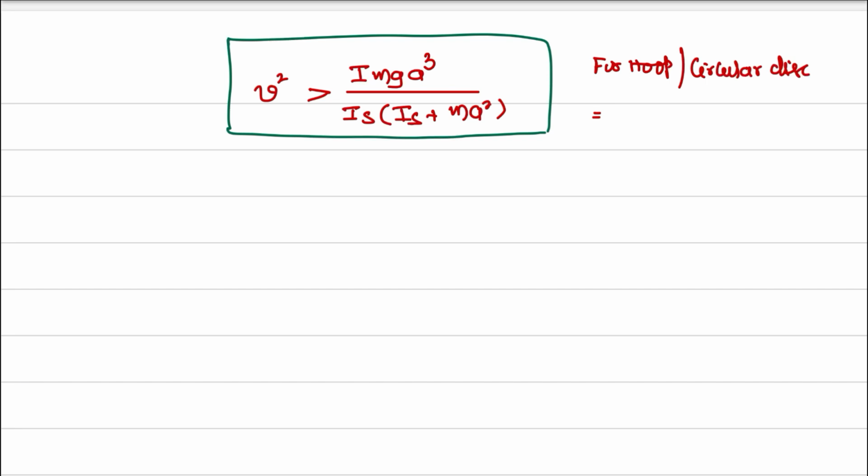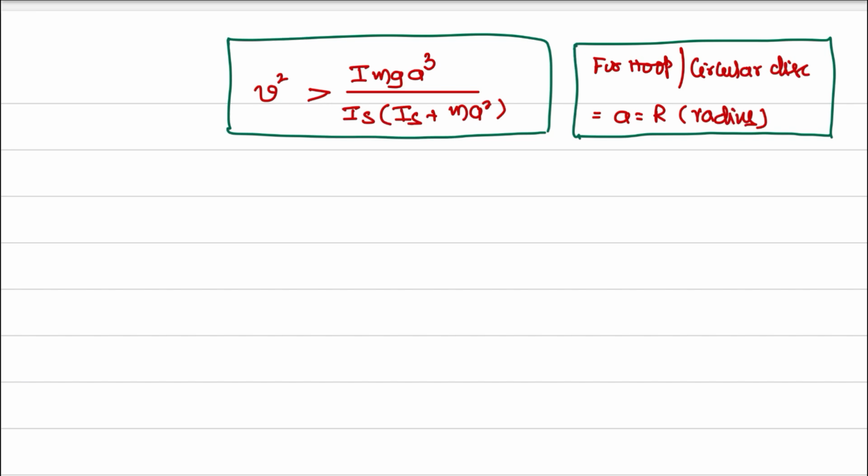For a hoop or a circular disc, A is equal to R, that is radius, because of the symmetry. Because we are considering this shape, we are taking A is equal to R. If some other shape is taken, then A should be different. That you do as homework.